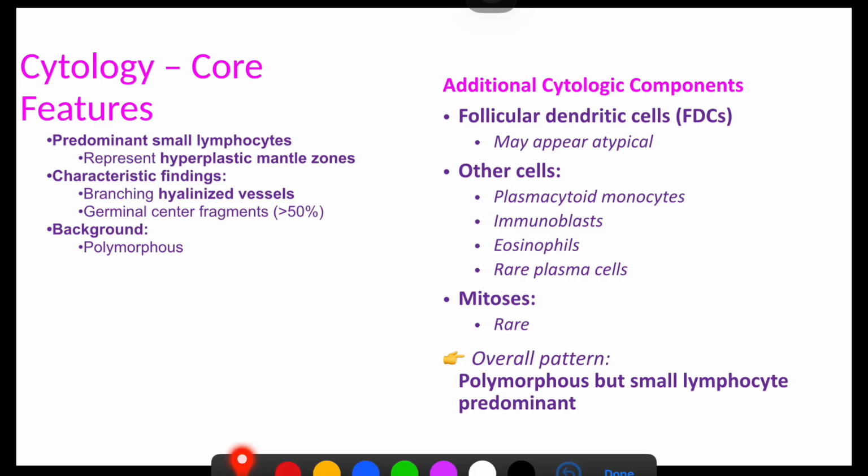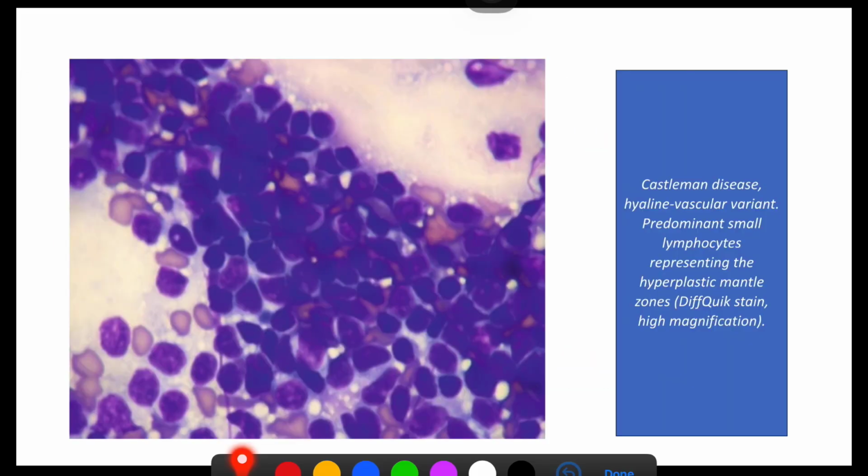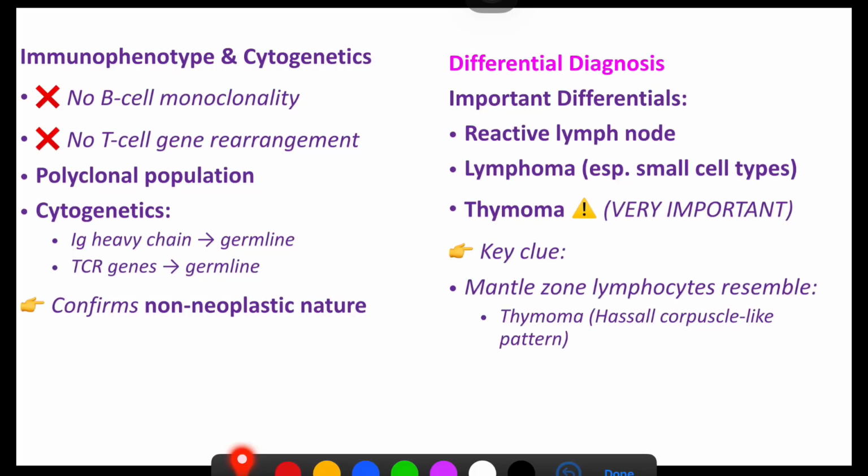Mitosis is rare. So, overall pattern is polymorphous, but the small lymphocytes are predominant here. So, here in this cytological smear, you can see predominantly small lymphocytic cells, and this is from the hyperplastic mantle zone.